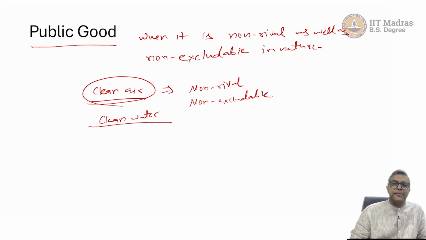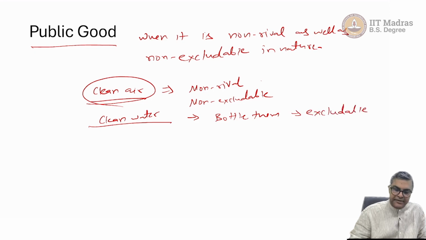But over a period, perhaps time has changed, water quality has gone down. Now the water available on tap on these railway platforms is no longer considered clean. You have to pay money to get bottled clean water to drink. So as soon as you bottle it, it becomes excludable, because people who are not paying won't be able to get it.